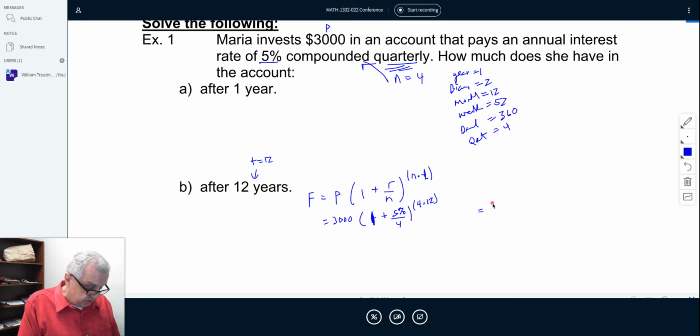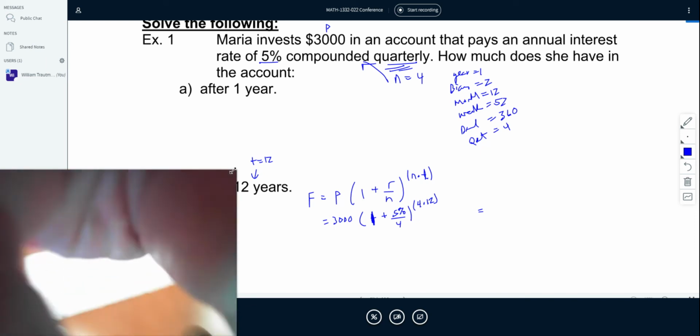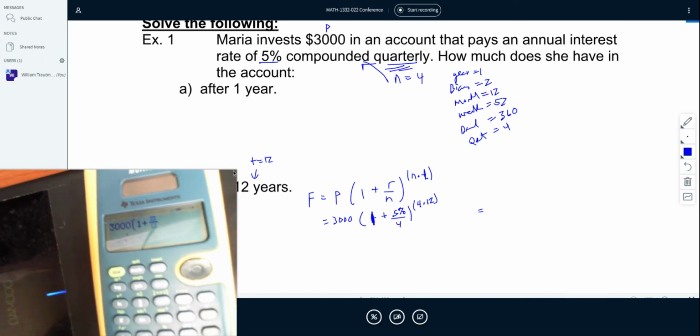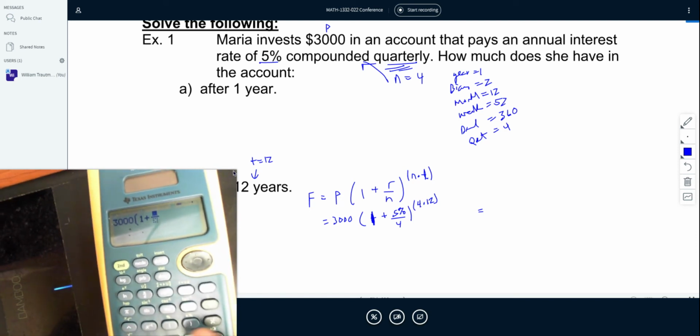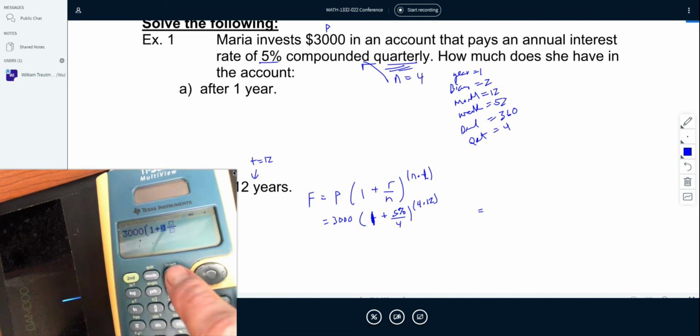So I'm going to put this in my calculator. And you got to make sure you type it in there correctly. 3,000 parentheses 1 plus a fraction, right? I hit the ND button to get the fraction.